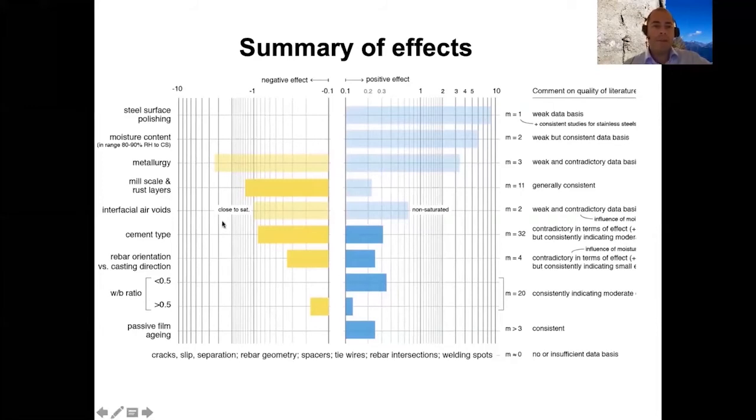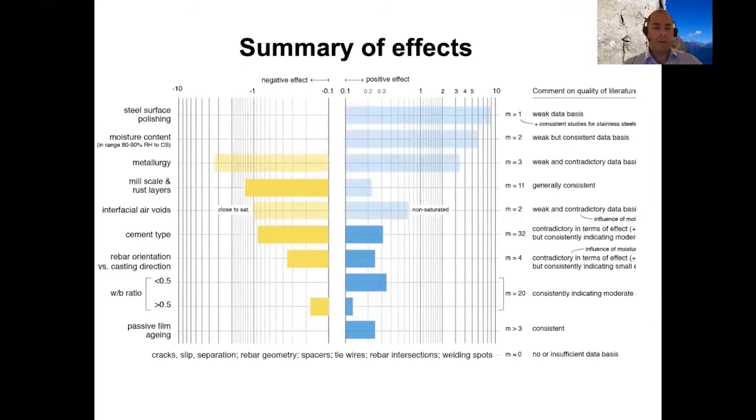The mill scale and rust layers are also a dominant feature, and there it was consistently indicated that they have mostly a negative effect. So if we have mill scale or rust layers on the steel, they would decrease the corrosion resistance. And then we had the interfacial voids. Again, this was controversial in the literature, but we believe that this can be explained by different moisture conditions in those different voids, depending on the exposure conditions.